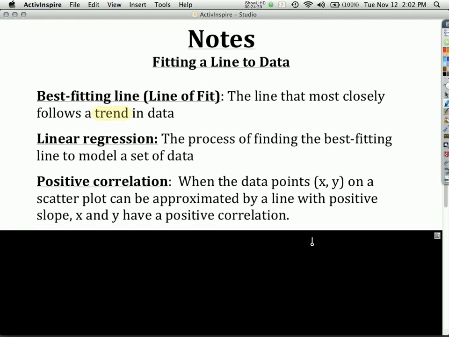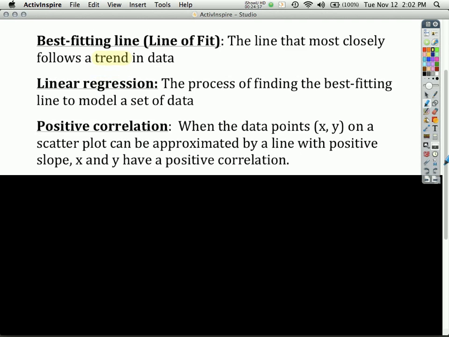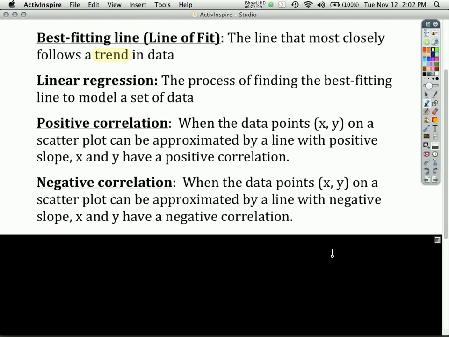Then, once we establish a best fitting line, then we're looking for trends. One example of a trend is a positive correlation. If we have a line with a positive slope, that's going to be a positive correlation. Likewise, if we have a line with negative slope, that's going to be a negative correlation.